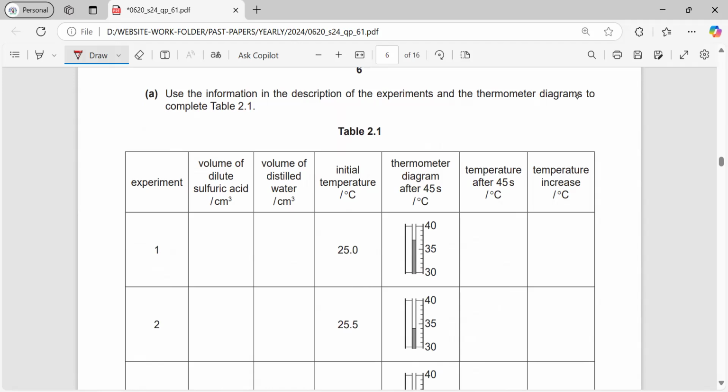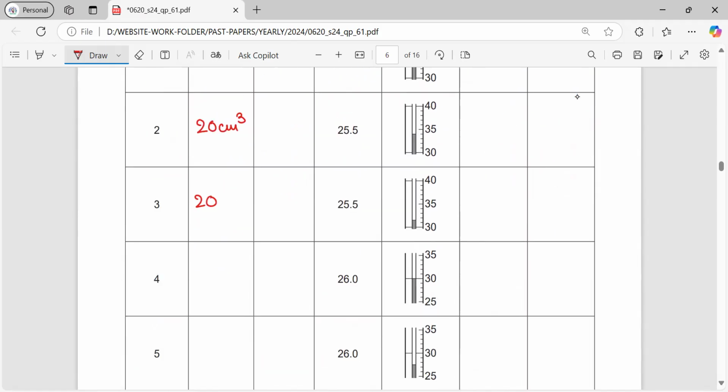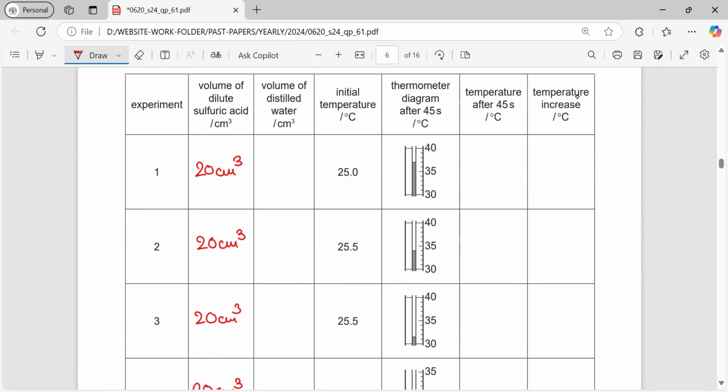Experiment 1, what is the volume of sulfuric acid used? Now, the volume of sulfuric acid in all of the 5 experiments is 20 centimeter cube. So we'll write 20 centimeter cube in all of the experiments. Now we'll see how much volume of distilled water is added.